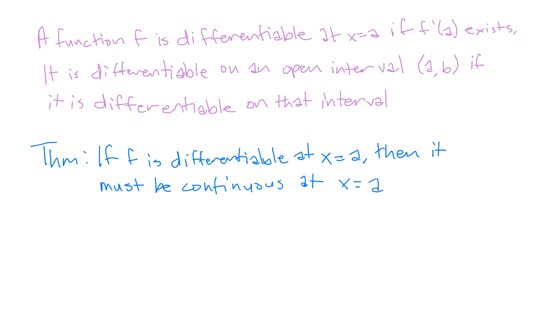We have this theorem saying that our function is differentiable, so essentially what it's saying is we can't take the derivative at a point that does not exist.